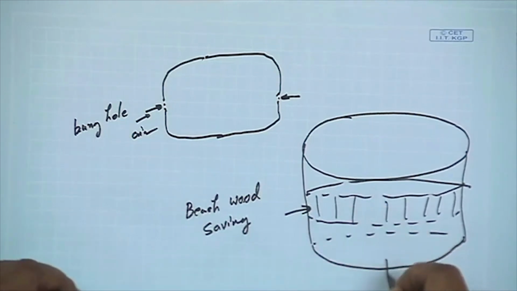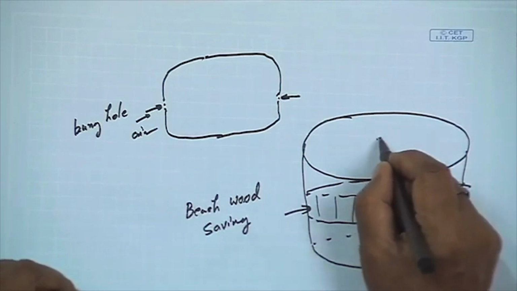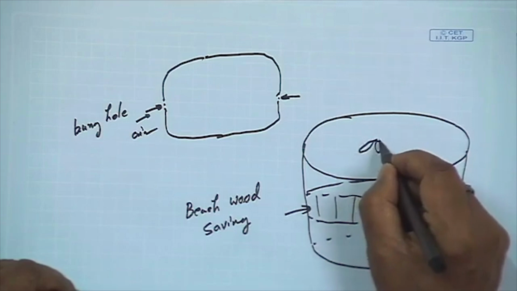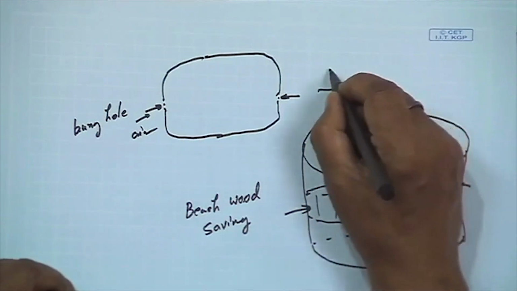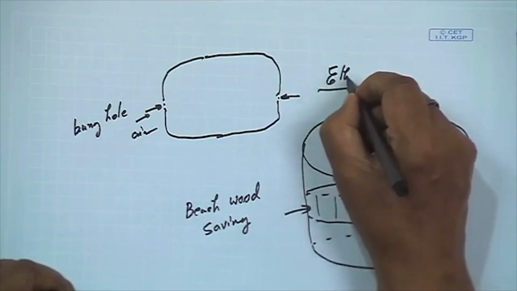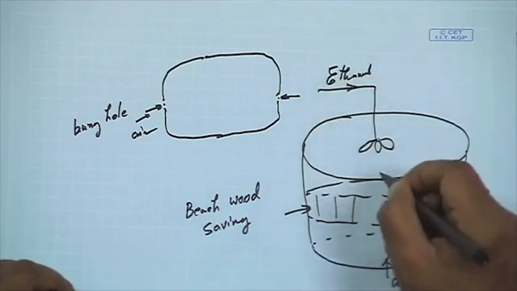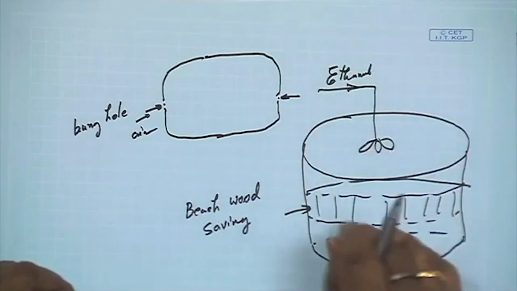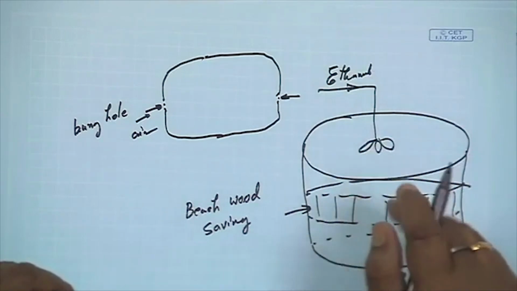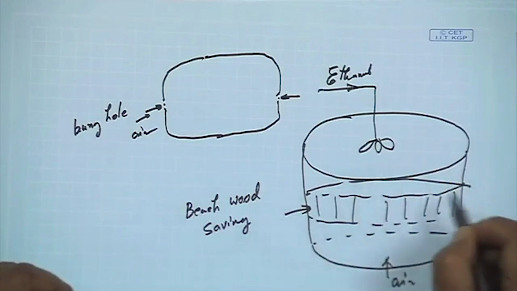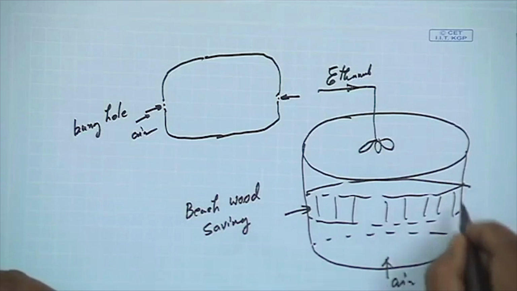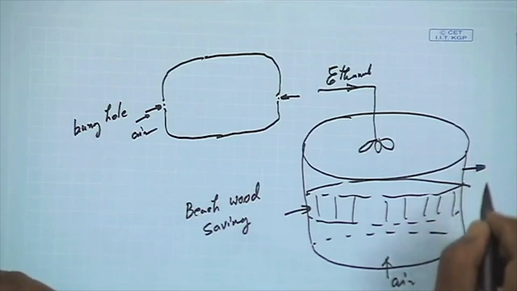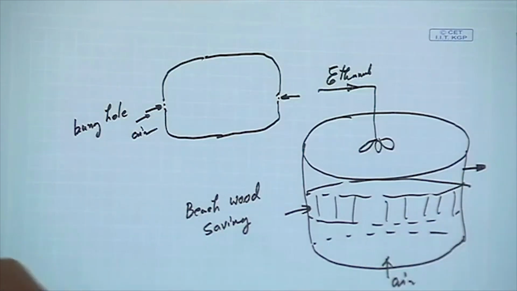Then you pass your air through this, and here there is a sprinkler. So you can have a sprinkler like this, and we put ethanol here. The organisms are immobilized on the surface. When it goes, it comes in contact with this and they produce the acetic acid. Then you can take out the acetic acid from here.